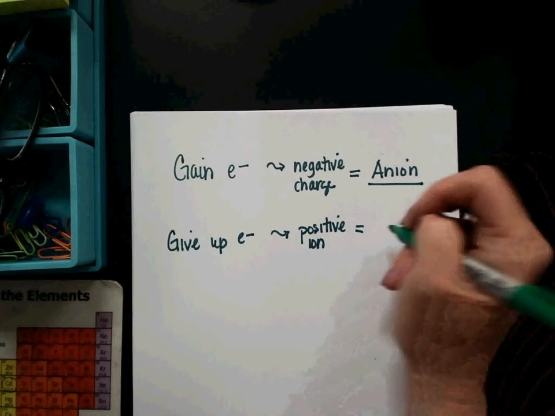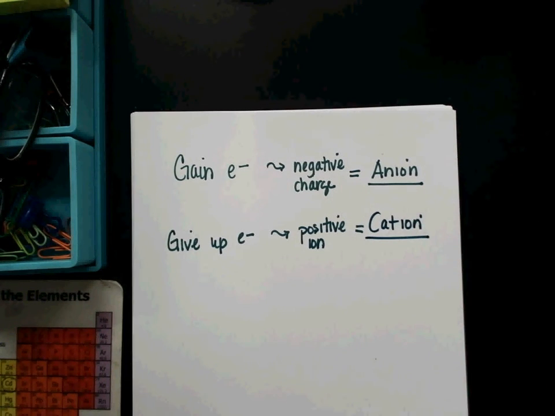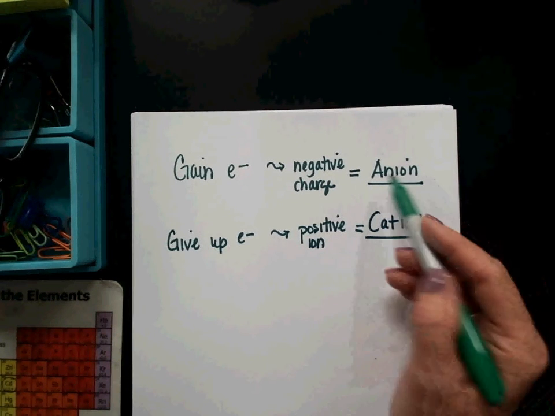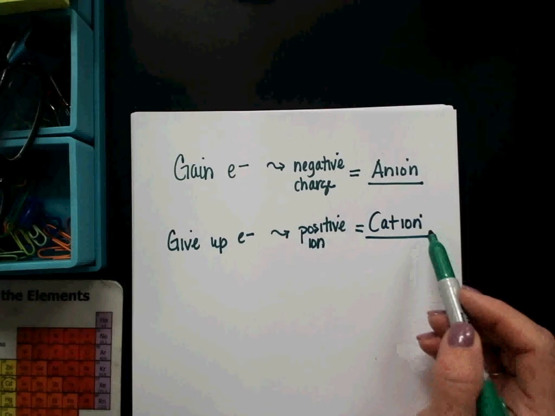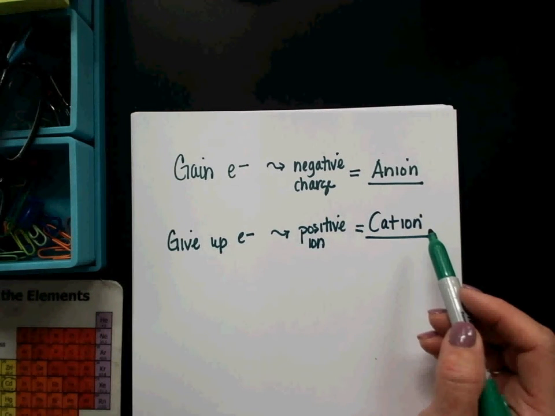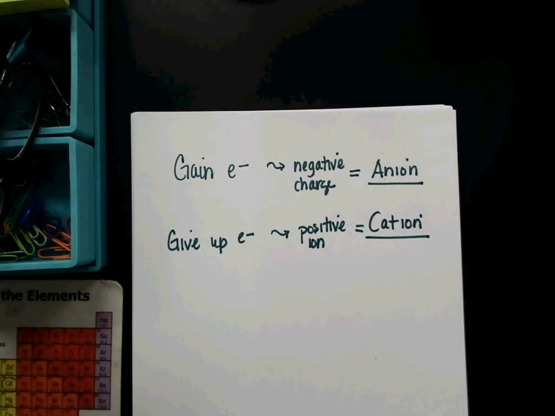Remember, P goes with proton, which is positive. Cats are positive. This is called a cat ion, not a cation, a cat ion is how you say it. Cats are positive. So remember, a negative ion and a cat ion. No, it was just a big furry cat. Brownish, blackish. Nothing special. Just a cat.